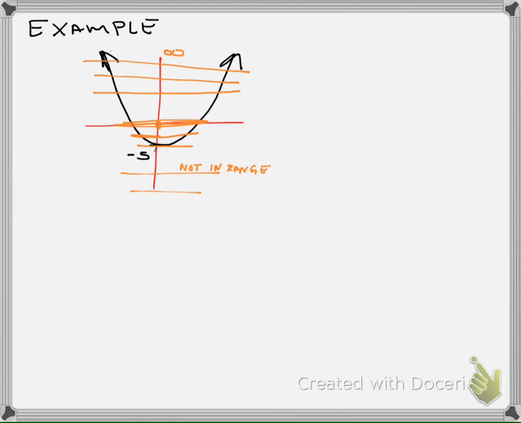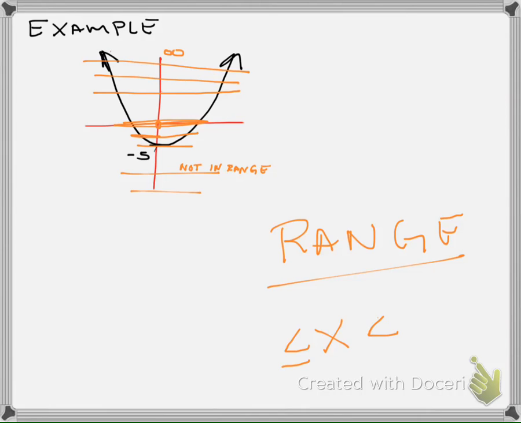So we can use interval notation to represent that. So the range is from y between -5 and infinity. I guess technically you can't equal infinity, so let's erase that.